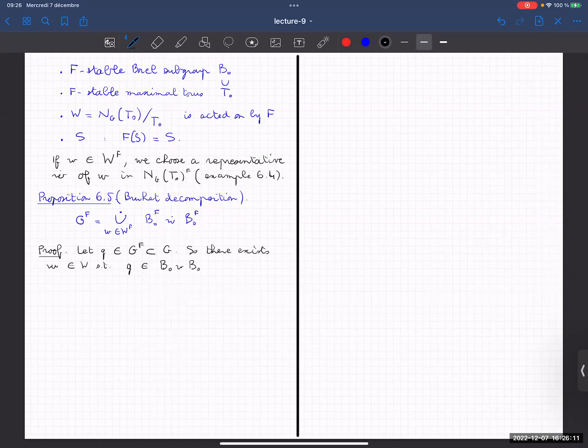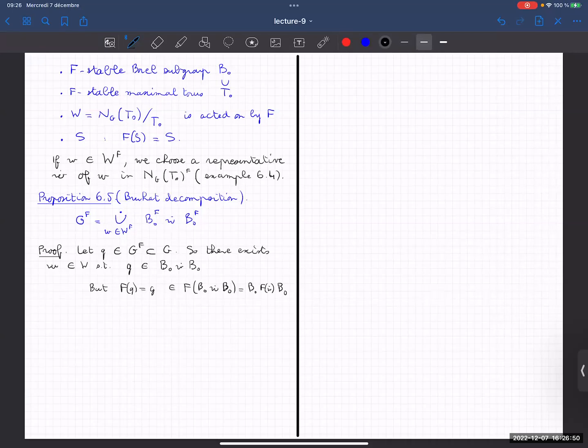So this is here the infinite group. But F(g) is equal to g, so it belongs to F(B0 ẇ B0), which is equal to B0 F(ẇ) B0. This is because B0 is F-stable, so this is the advantage of having taken as our basis for understanding the structure of G an F-stable Borel subgroup.